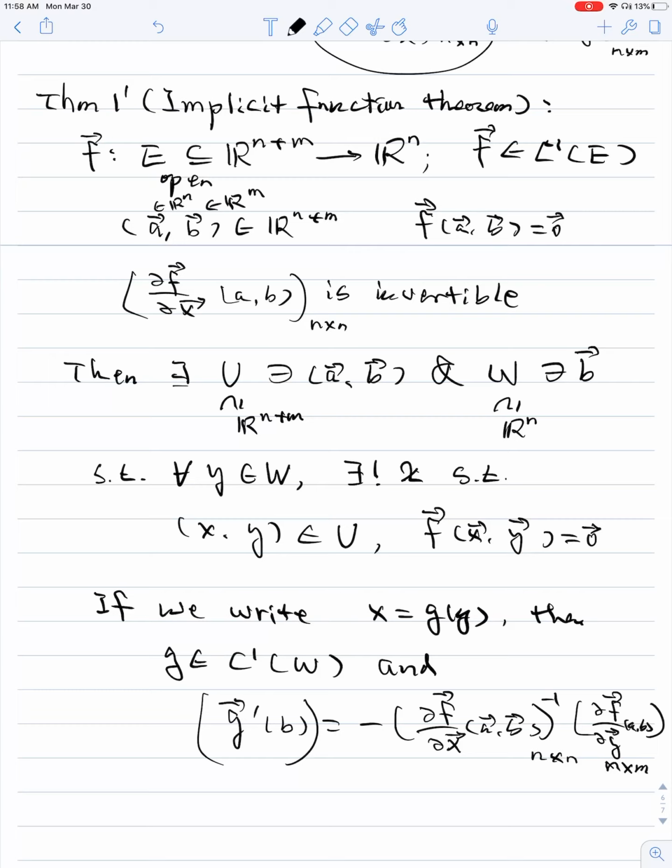So the result is n by m. And this is the implicit function theorem.